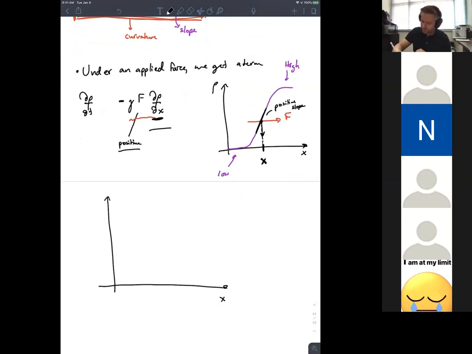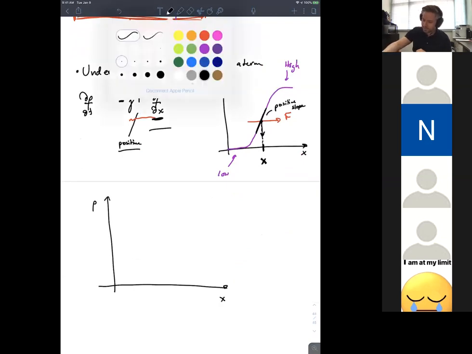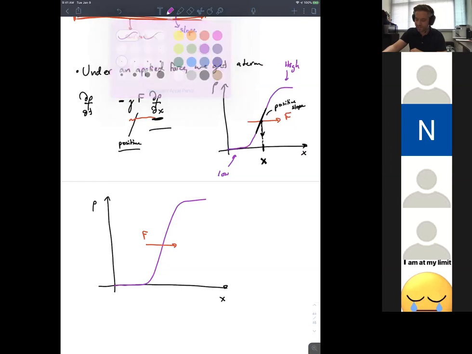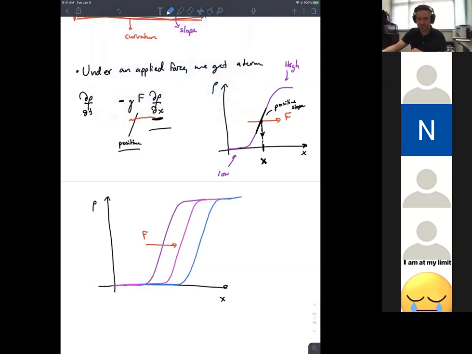If I draw this again, we start out with this concentration profile, and the force is being applied this way, then the concentration profile is just drifting in the direction of the force. At some later time, it's going to drift to the right, like this. And at an even later time, it's going to be drifted even further to the right, like this.